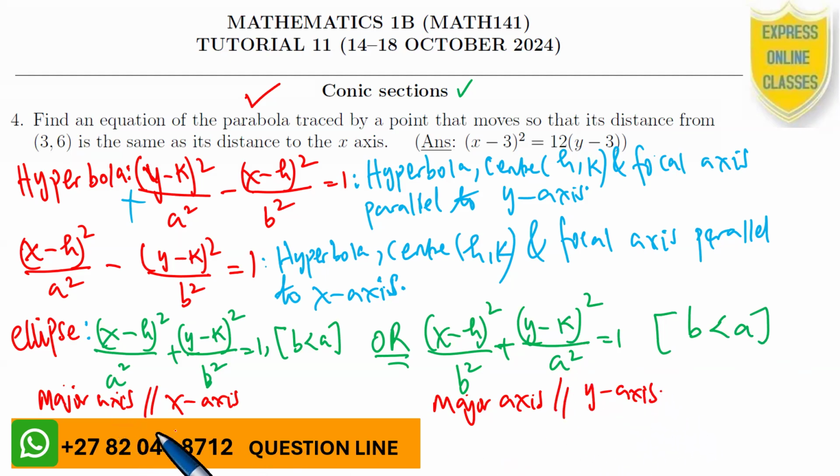Here the major axis is parallel to the x-axis, because x is the numerator of the biggest a. Of course, the center.